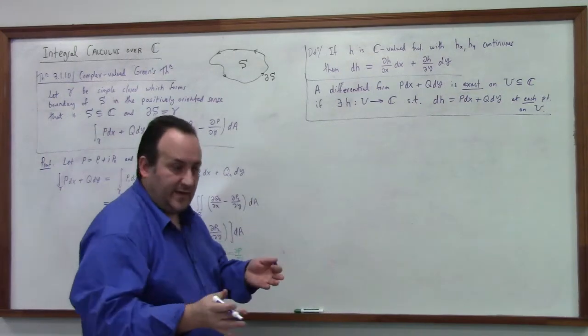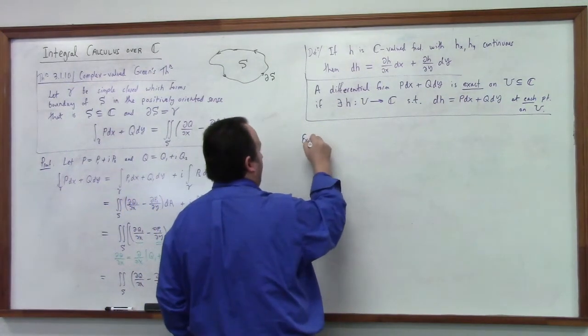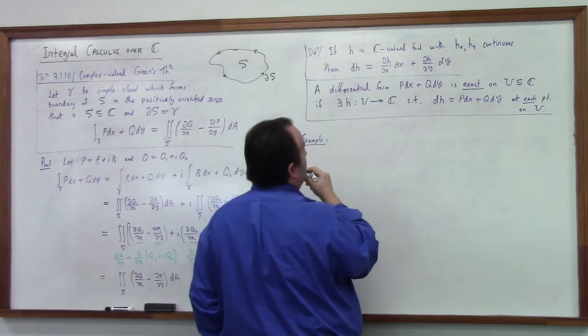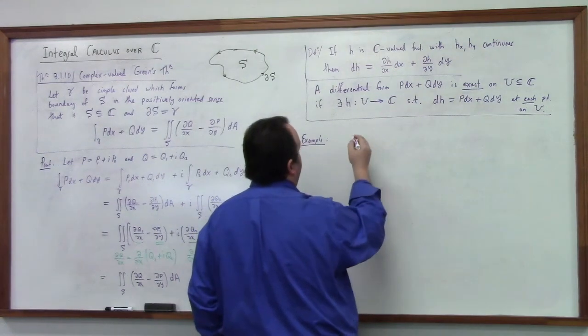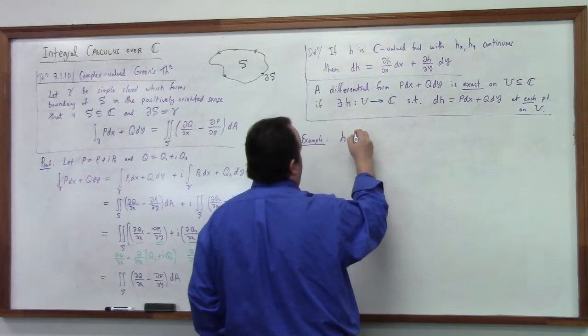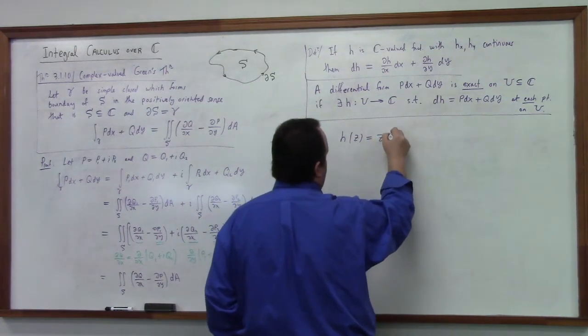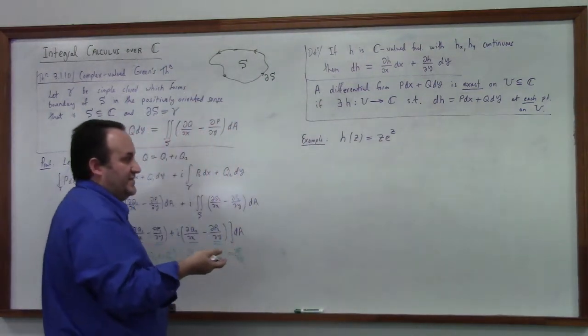Okay, so an example. We could have, oh, I don't know, h of, well, we could use complex notation, right? h of z is equal to z e to the z. So this is a complex differentiable function, right?